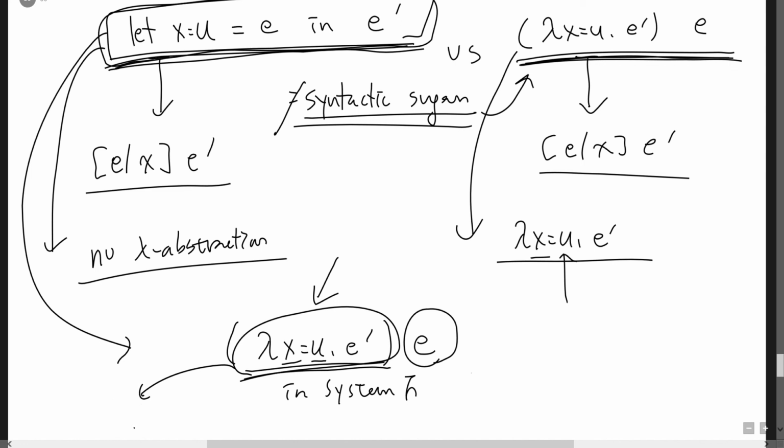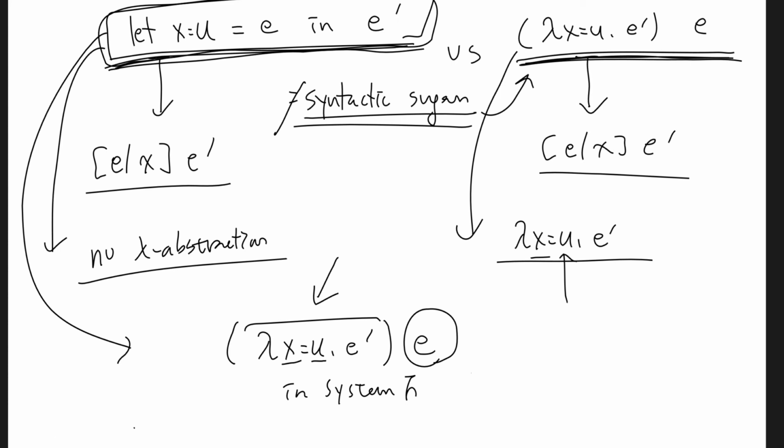So you cannot pass this one to another function, or this function cannot generate a lambda abstraction like this one as a return value. So simply speaking, you are allowed to create a polymorphic lambda abstraction like this one, but you can never use it as a first-class object.